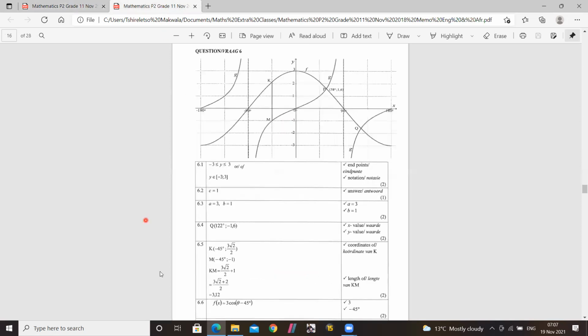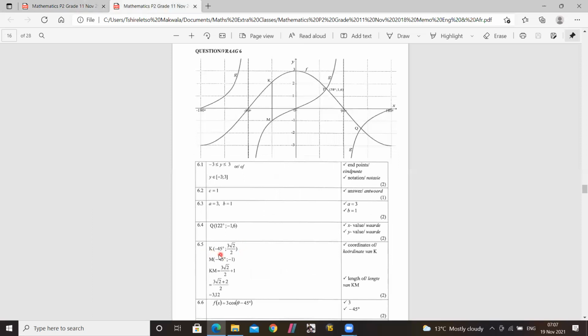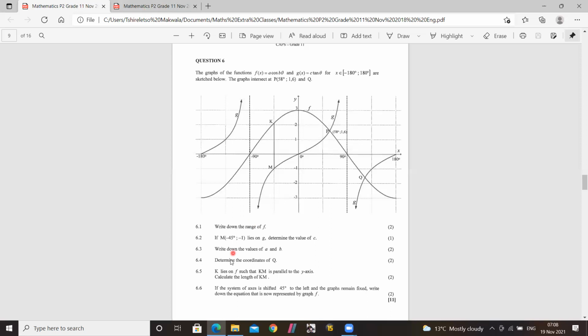As you can see, this value here for K, we know it because they told us that, as you can see here, this is 45, 45. It makes sense. Why? Because they said this thing is parallel to the y-axis. That means that if it's parallel, this is a straight line. And if it's a straight line, that means that the x-coordinate of this will be the same as the x-coordinate for this. Do you see?